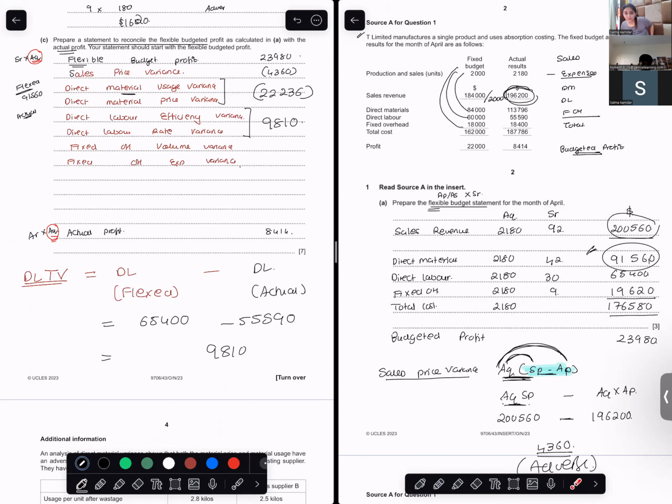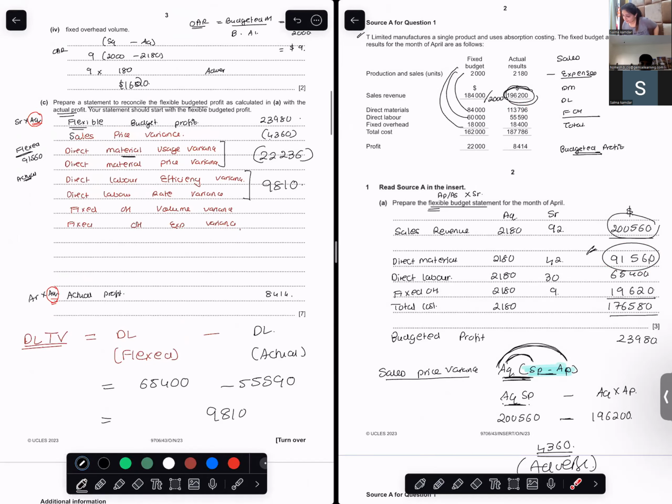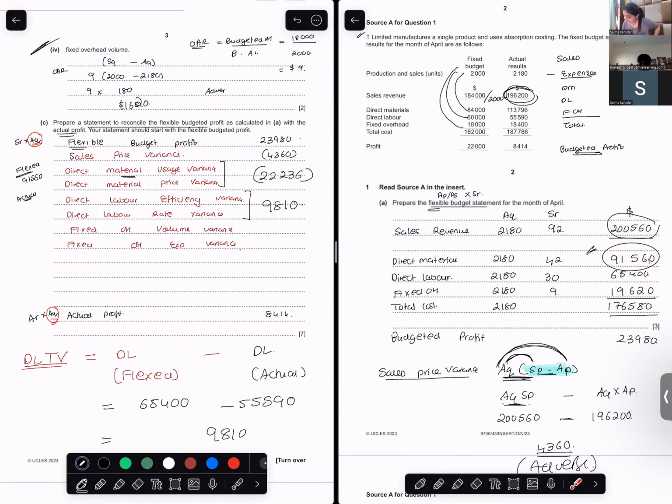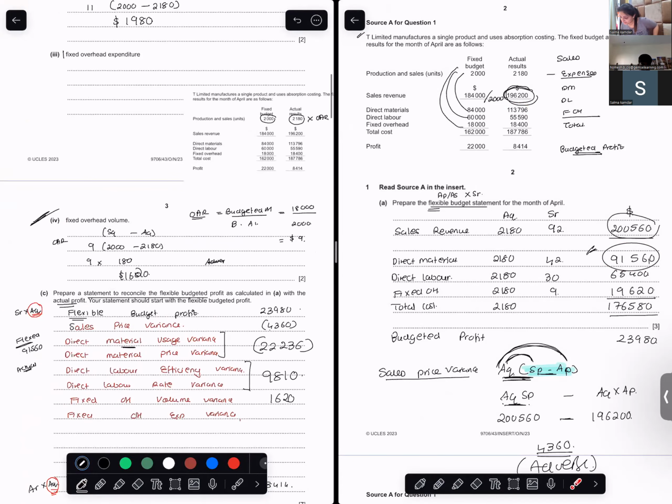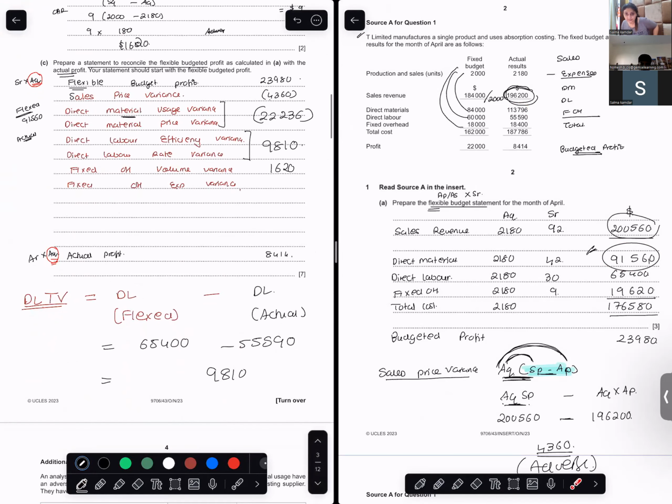Then your fixed overhead volume variance. Calculated, right? 19,620. Volume was 19,620. And expenditure was how much? 400 adverse.